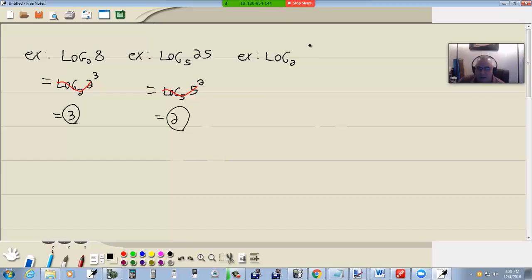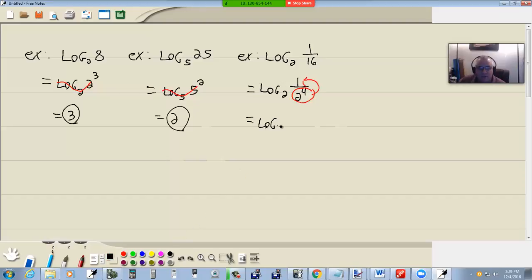For example, if I have log base 2 of 1 over 16, I want to rewrite 1 over 16 as 2 to a power, but maybe I can't see what it is directly. So I have to first, 16 is 2 to the 4th. And then, remember, if you have something in your denominator, you can move it up on top and the sign of the exponent changes.